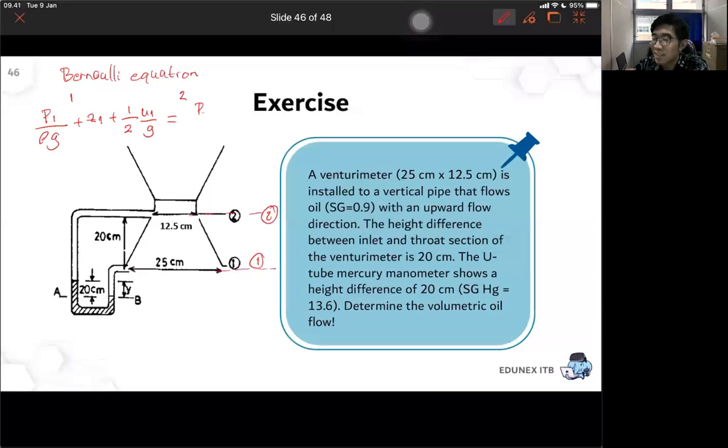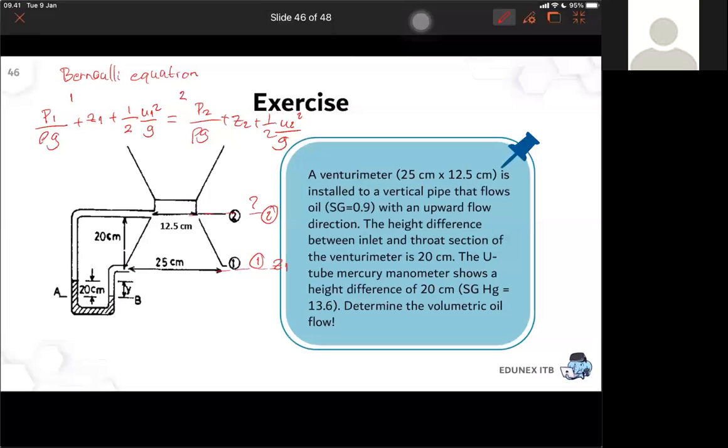Please don't forget this equation. Z1 is here, Z2 is here.